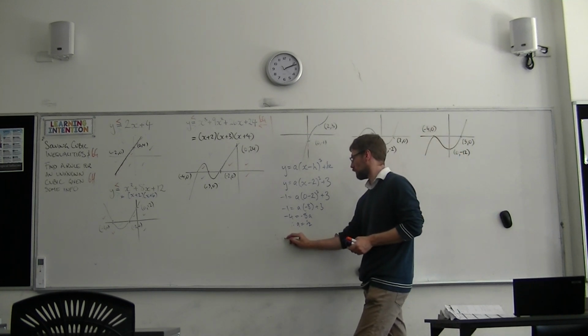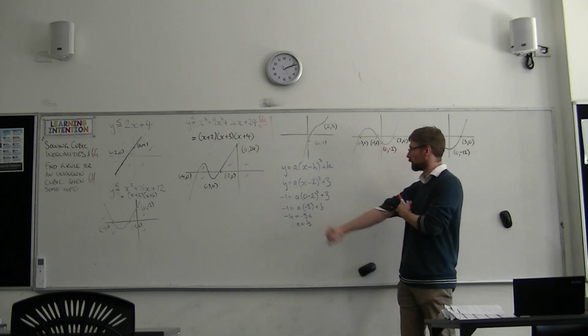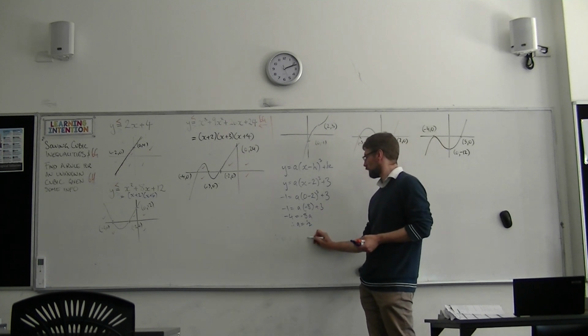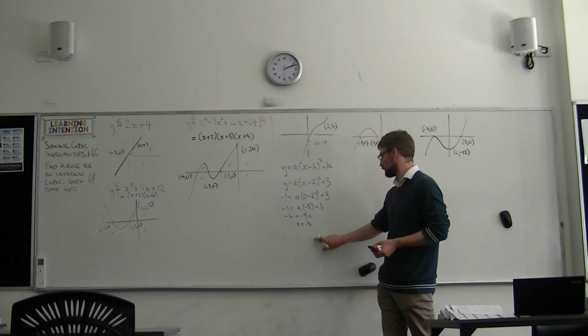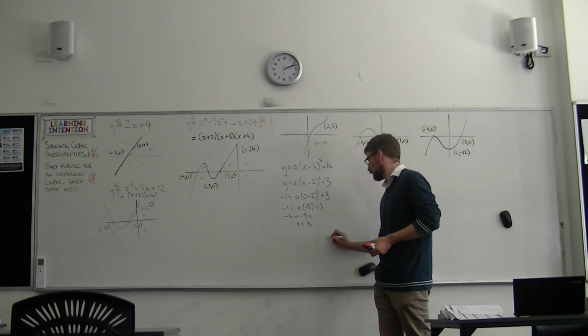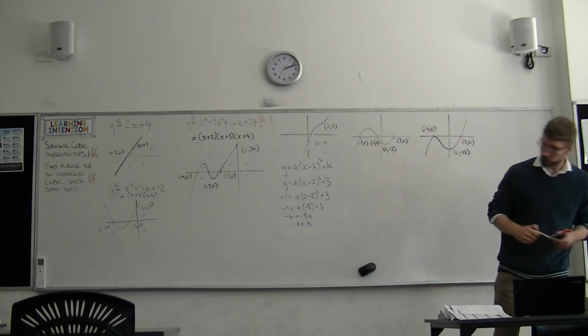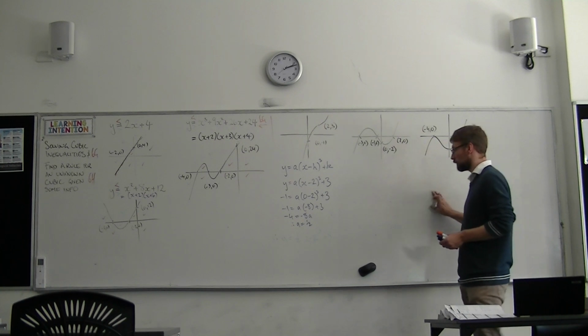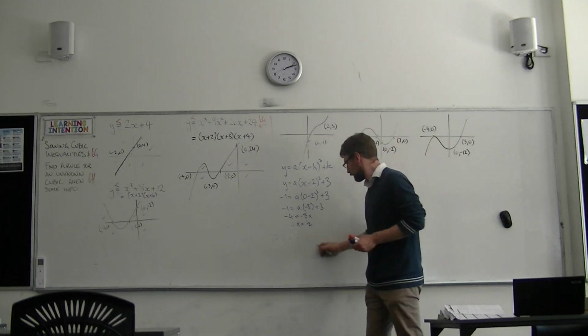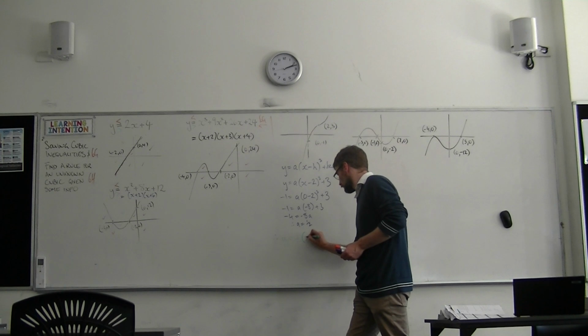So therefore, y equals, or f of x equals, depending on how it's written, half x minus h cubed, not h, what do we have? 2, plus 3. That's much better.